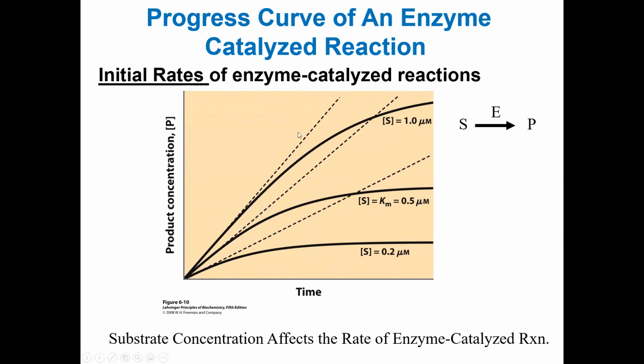That becomes your initial rate. That's how scientists measure initial rates for an enzyme catalyzed reaction. Remember that. Slope that extrapolates to 0 when you are monitoring the progress curve. So you see that there are 3 different rates as represented by the dashed lines at 3 different substrate concentrations.